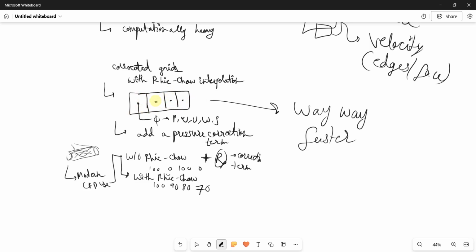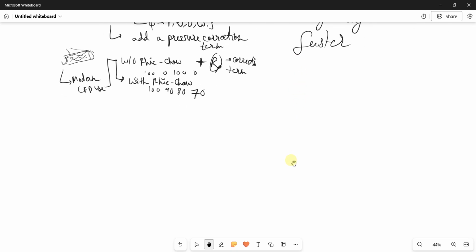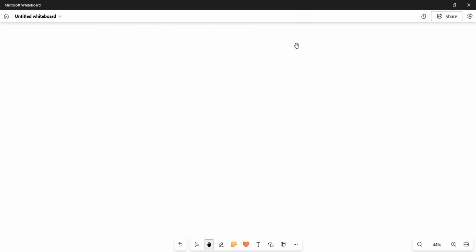You can just compute at the face with the Rhie-Chow interpolation that is standard for all faces. So this reduces the computational time because you're getting all the required parameters from one location itself, right? So that was about grids. Hope you understood the normal collocated grid, staggered grid, and collocated grids with Rhie-Chow interpolation.